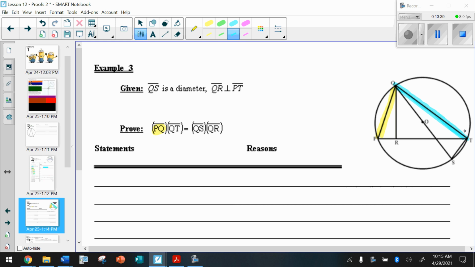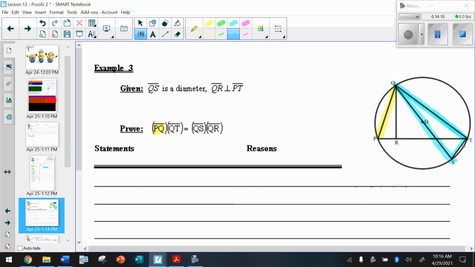Now QS. QS could be part of the yellow triangle or it could be part of the blue triangle. But if you look at the diagram, segment QS does not make a triangle in any way with side QP. So I'm going to make QS blue. And to make those two blue segments into a triangle, TS would be the third side.